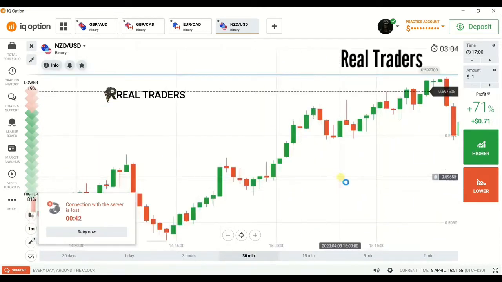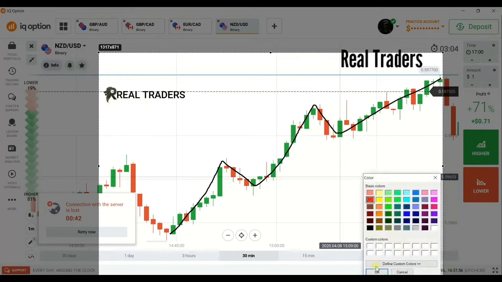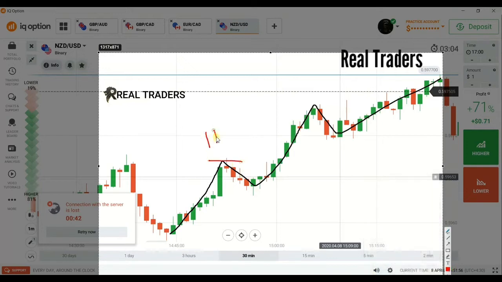You can see here in this market it starts to go up and it is making higher highs, right? The market is making the higher high here and here.